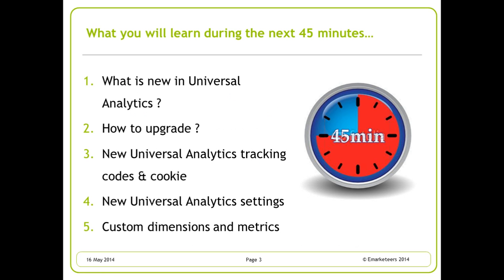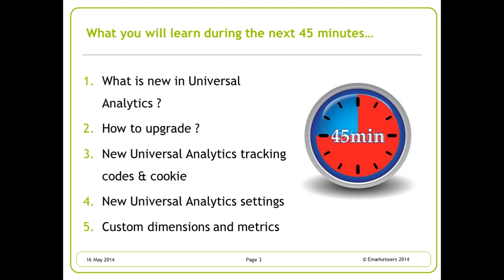So let's talk about Universal Analytics. This webinar is about upgrading to Universal Analytics, upgrading from the old Google Analytics to the new Universal Analytics. And in the next 45 or 35 minutes, as Jonathan said, we're going to be going through these points. First of all, what is Universal Analytics? Let's demystify that a little bit.